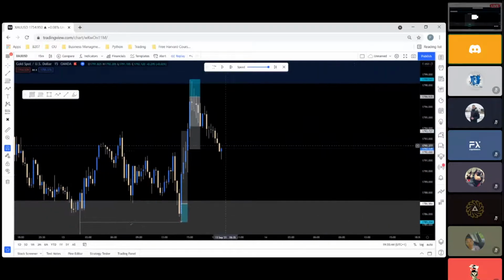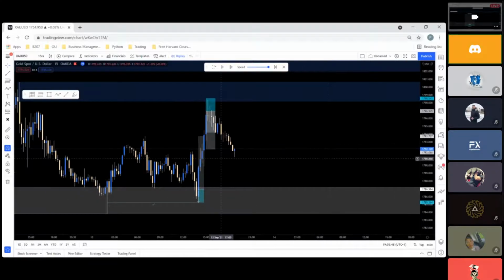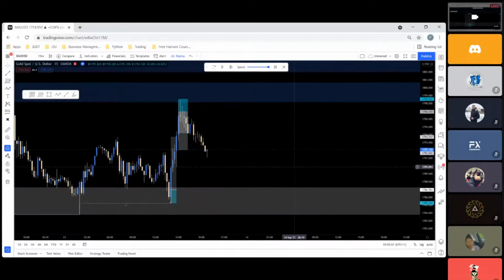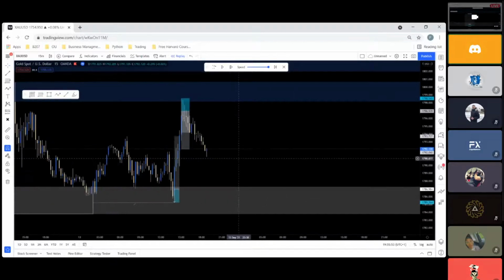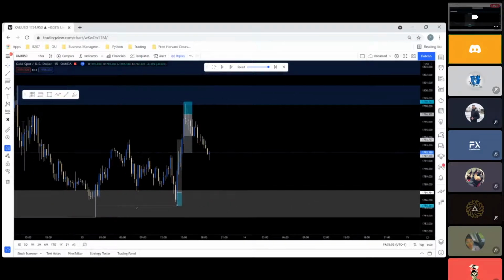So if I was trading this area here on the intraday and I was stuck here all day, what I like to use is the idea of premium and discount zones.